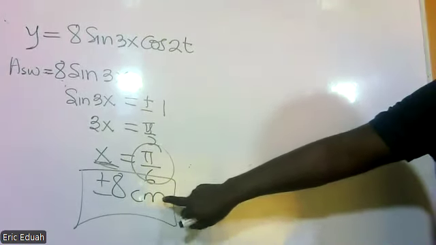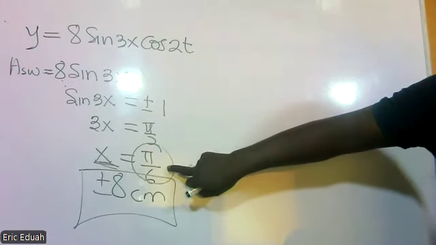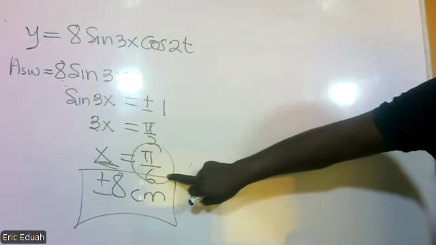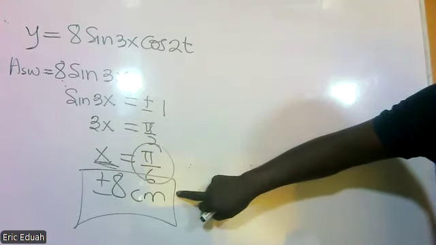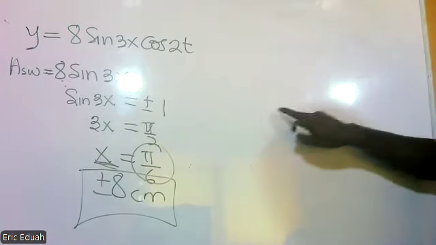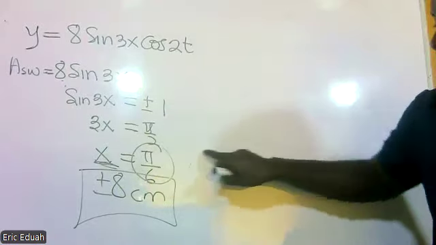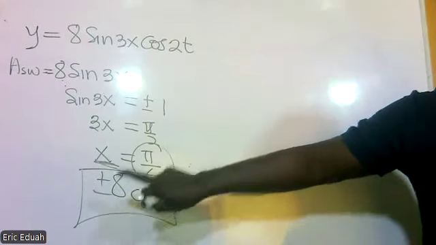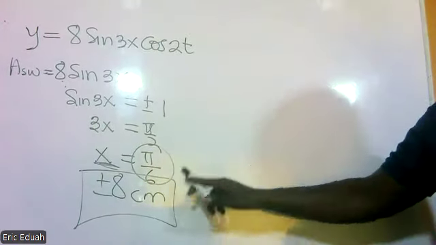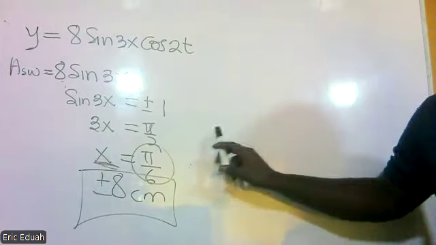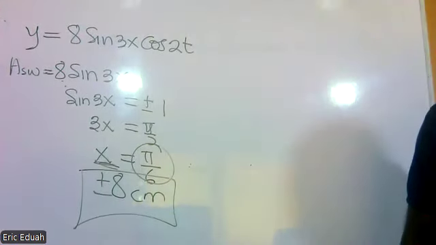So to get an amplitude of 8 centimeters, a particle vibrating at x equal to pi over 6 will give us an amplitude. There can be several; we can derive several x positions where we'll have an amplitude of 8. So the amplitude of the stationary wave is actually 8 centimeters, but we are looking at particle vibrations which relate to amplitude. That's all that I'm saying.